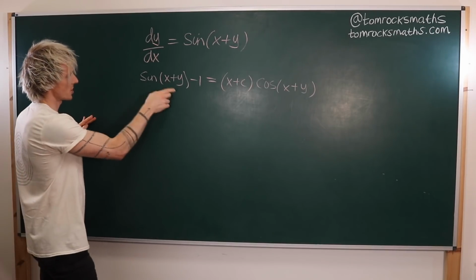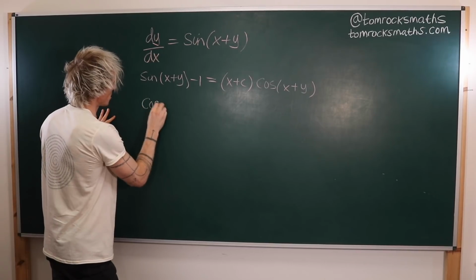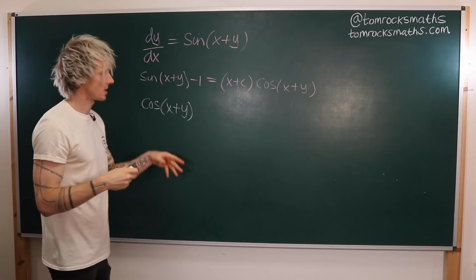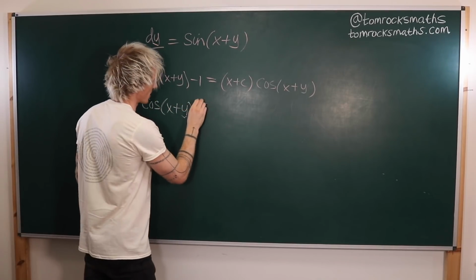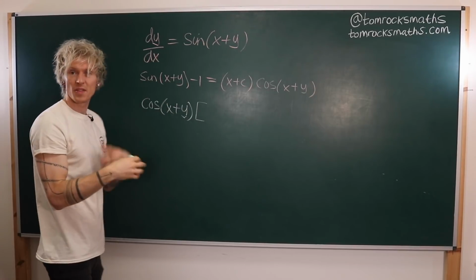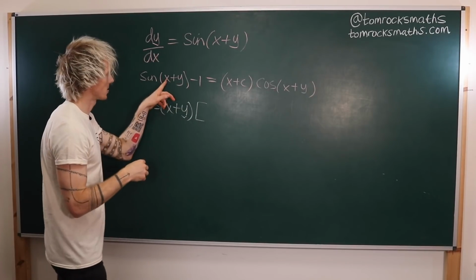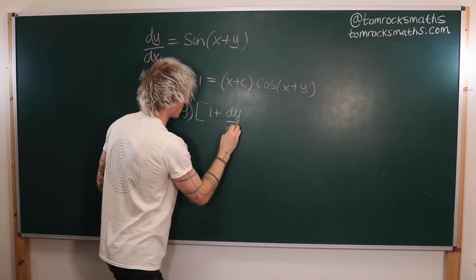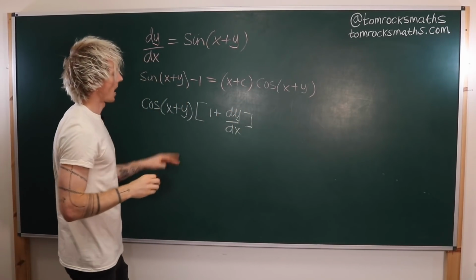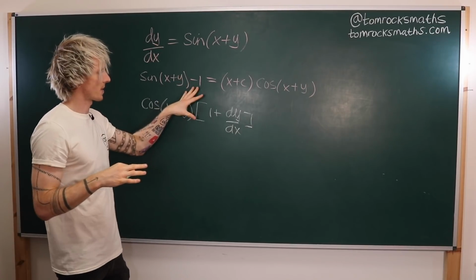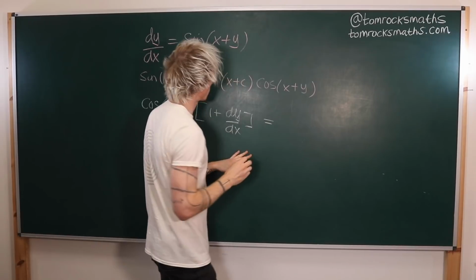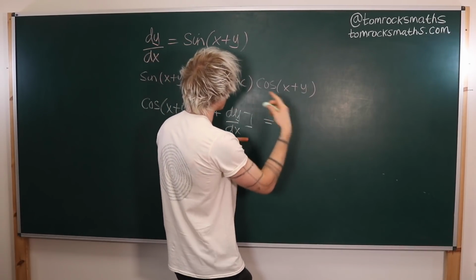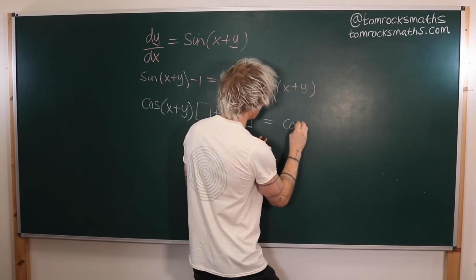So if I differentiate sine, that will give me cos of x plus y, and then the chain rule says I have to then multiply this by the derivative of the thing inside sine. So here we differentiate with respect to x, and that's 1 plus dy by dx. 1, of course, disappears when we differentiate with respect to x, and this whole thing is equal to, let's do the first bracket, so x plus c, if we differentiate that, we get 1, multiplying the cos term.